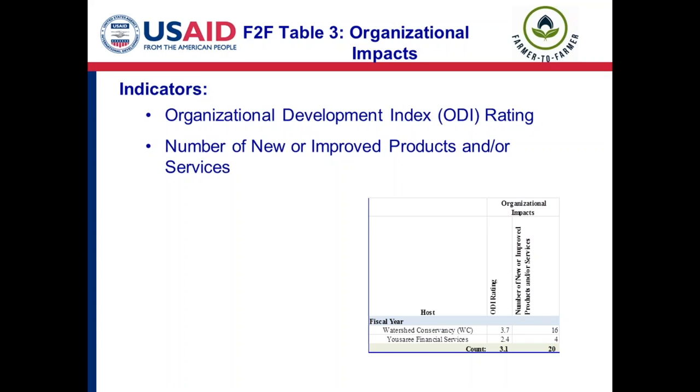One important thing to remember about this indicator is that it has no counterpart in Table 2. We are not tracking the baseline number of products and services that your host organization has or is offering. So defining new or improved is really up to you.